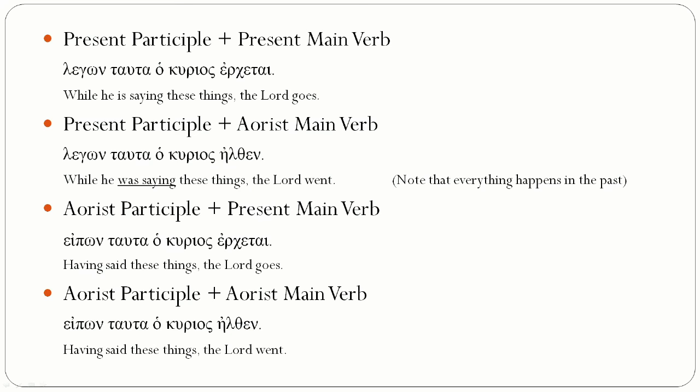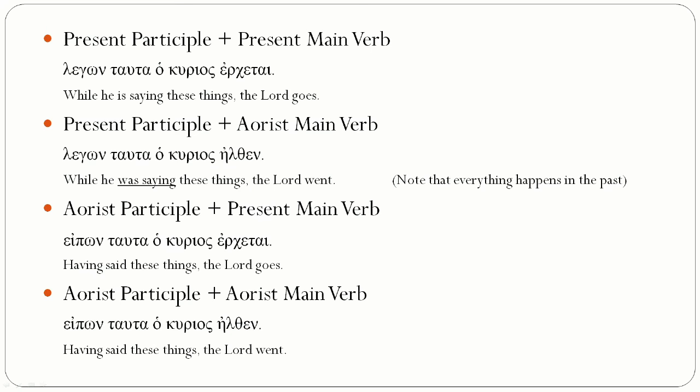All right, then these last two examples are a bit simpler. Here we have an aorist participle with a present tense main verb. And what that simply means is the main action is happening in the present, and the participle action happens before that present tense action. Okay. Apone tauta, again, there's that stem change that makes it aorist, apone.